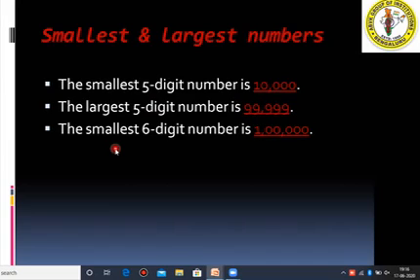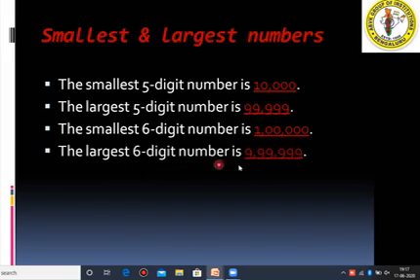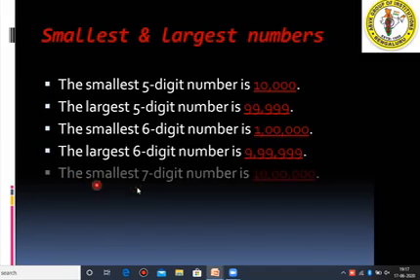Next, 6 digits will go from 1 lakh to 9,99,999. Here the smallest 6-digit number is 1 lakh. The largest 6-digit number is 9,99,999. The same way, the smallest 7-digit number is 10 lakhs.